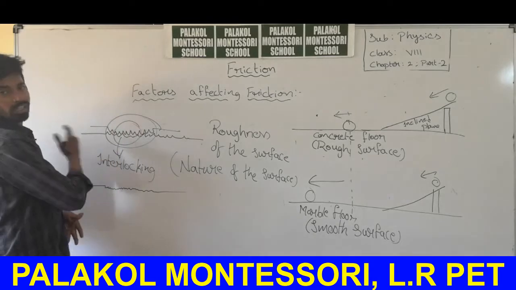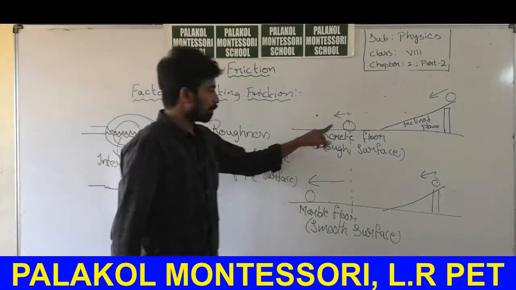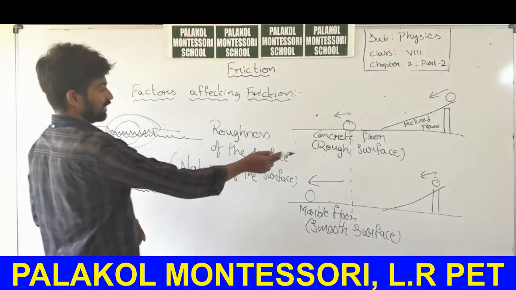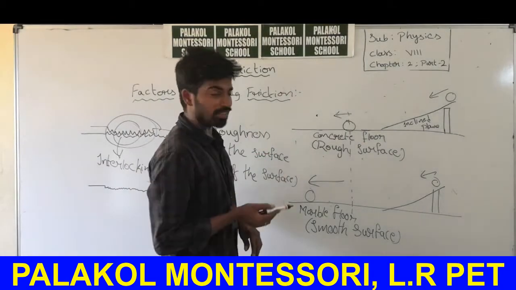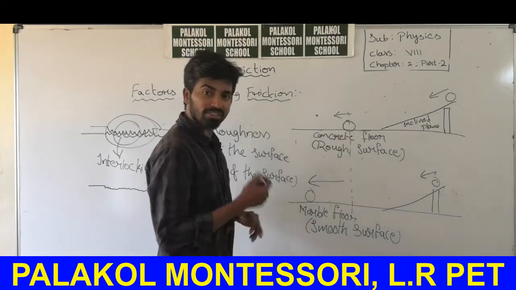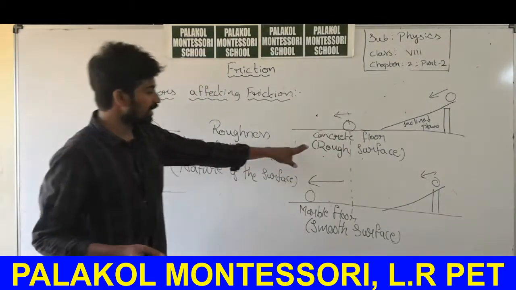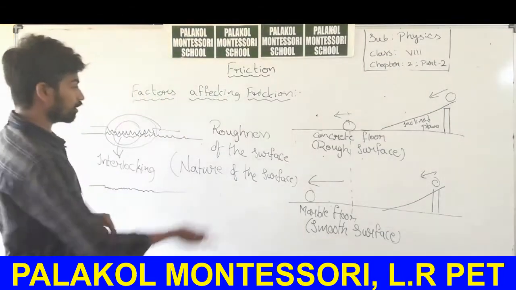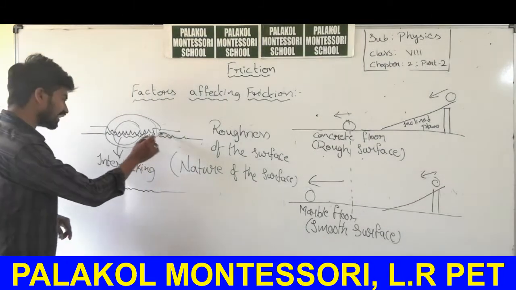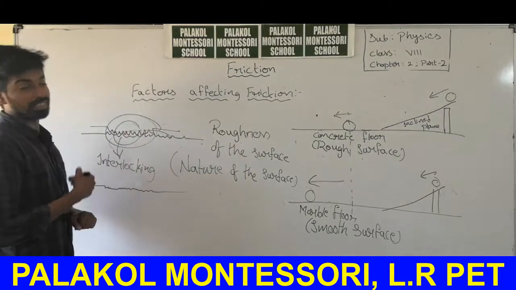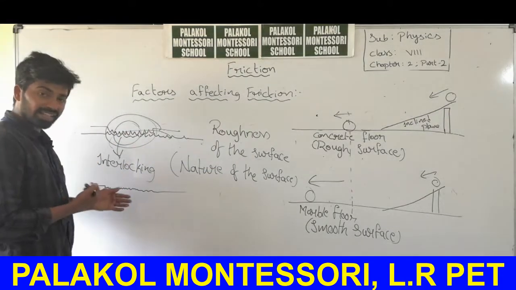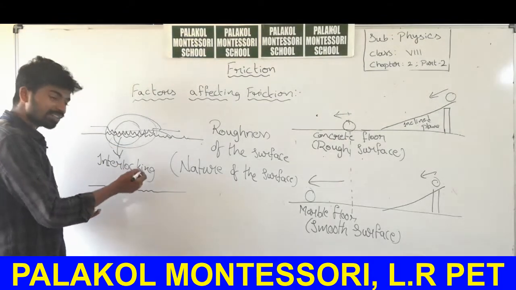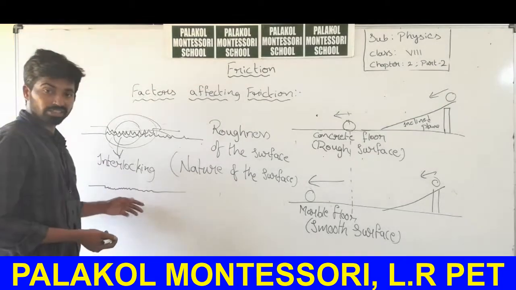Friction is nothing but an opposing force. The ball experiences frictional force because it has some irregularities on its surface and the concrete floor also has irregularities. But compared with the marble floor, the irregularities are more and sharper in the case of concrete. On the marble floor, they seem to be less and not so sharp.